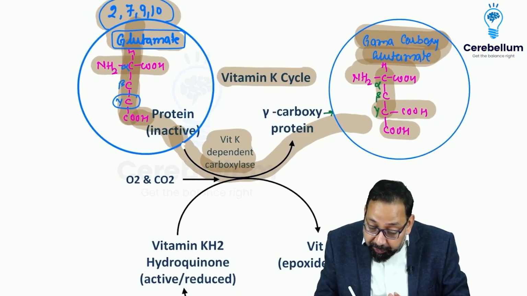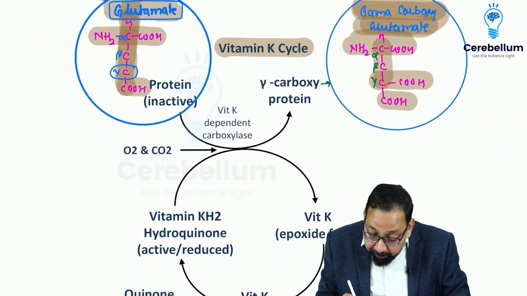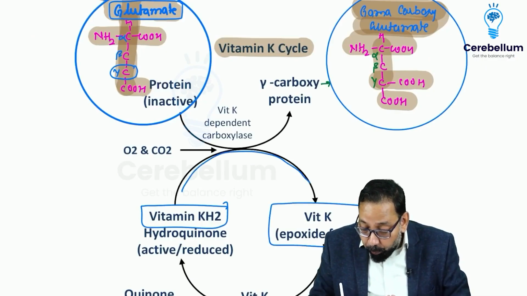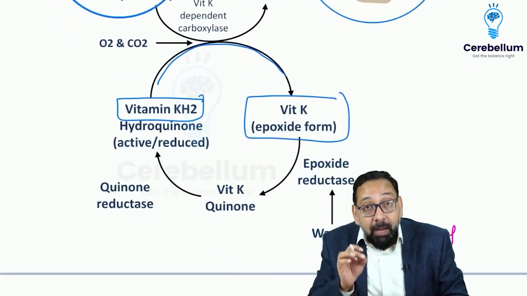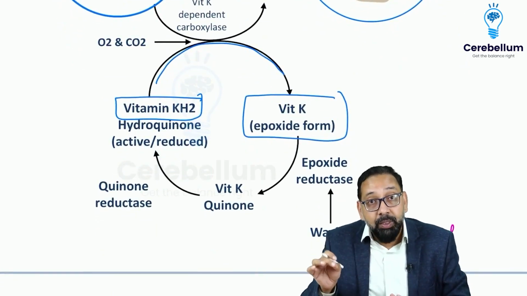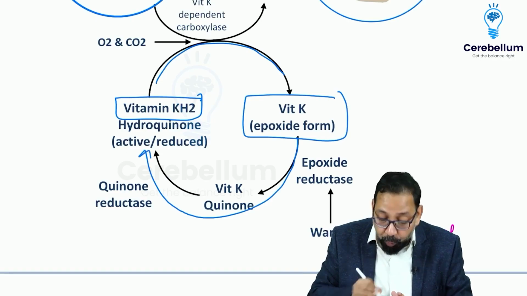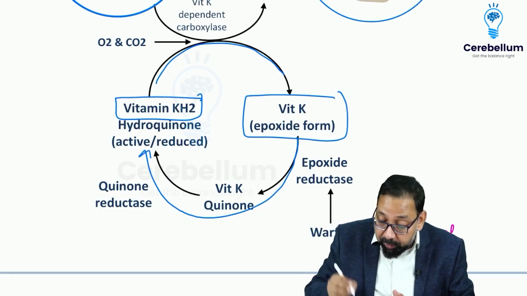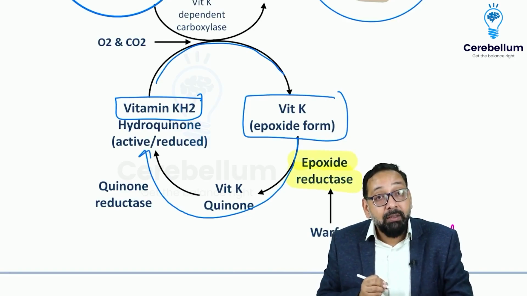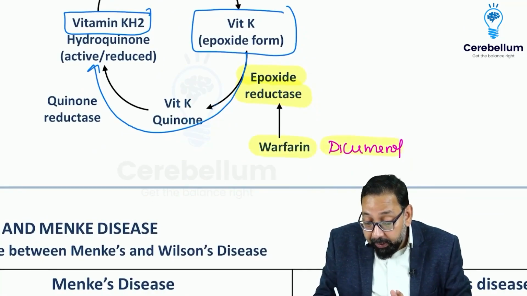And when this carboxylation occurs, vitamin K will be converted to epoxide form. So vitamin K itself would be converted to epoxide form. This epoxide form should be converted back to reduced form. And in this conversion, the first enzyme is epoxide reductase. And this epoxide reductase is inhibited by warfarin, dicumarole.